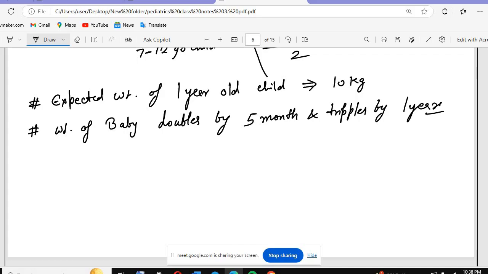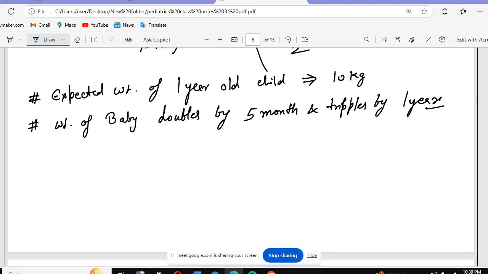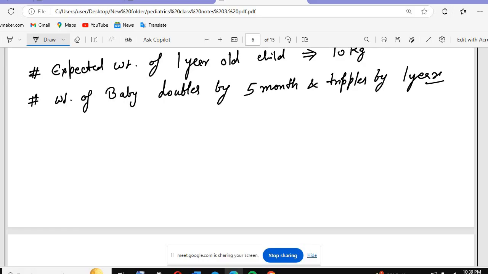What will be the triple by 1 year? It means around 2.5 multiplied by 3, so it will be 7.5 kg at 1 year. And remember, this is the expected average. When we take the 1 year old child, we take the average weight, that is 10 kg.